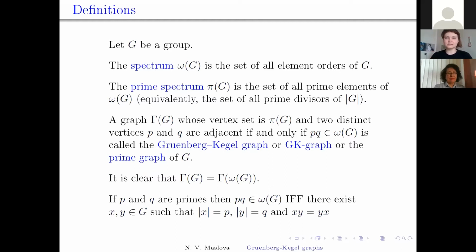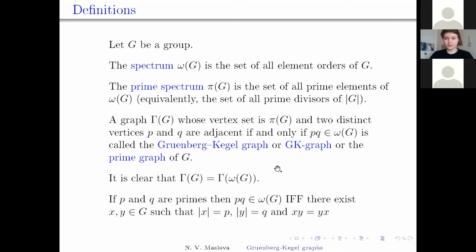And let us define the Gruenberg-Kegel graph, or GK graph for brevity, or the prime graph of this group. This graph has the prime spectrum of G as the vertex set, and two elements are adjacent if and only if their product belongs to the spectrum of G.